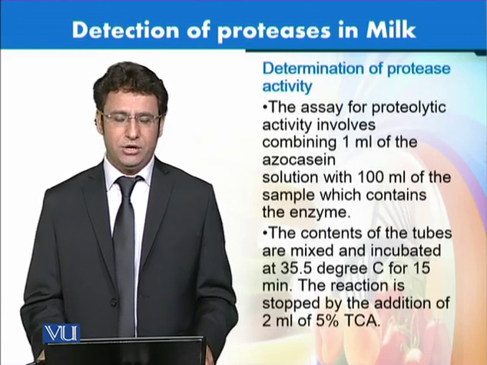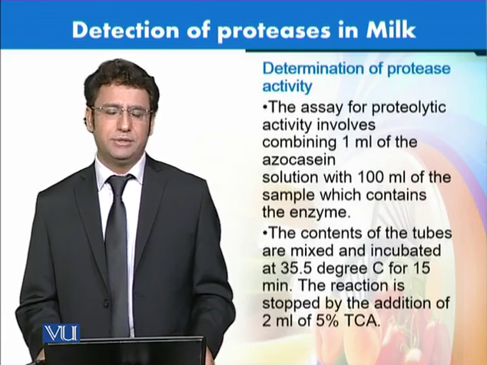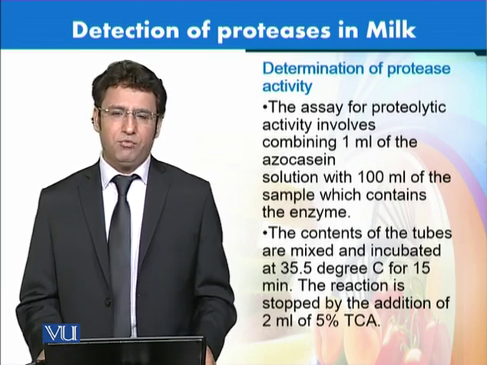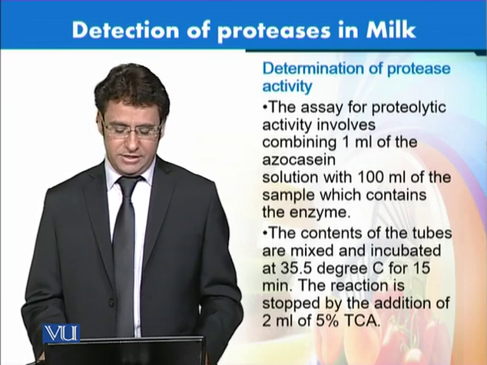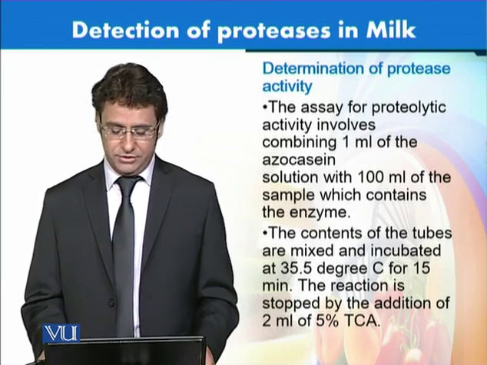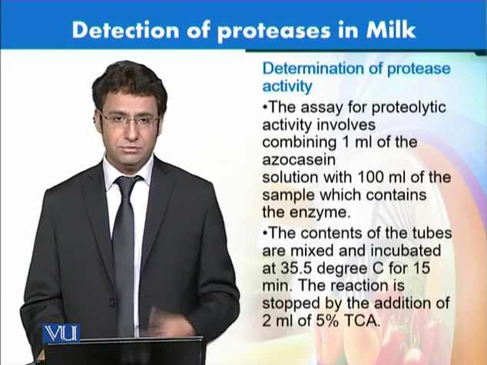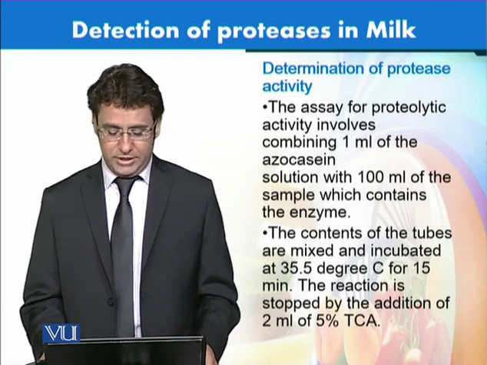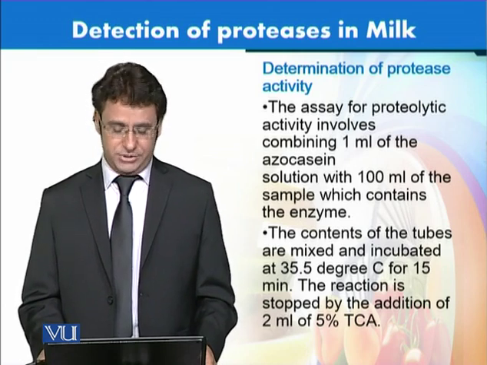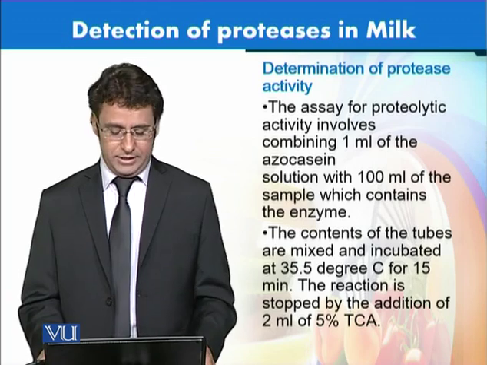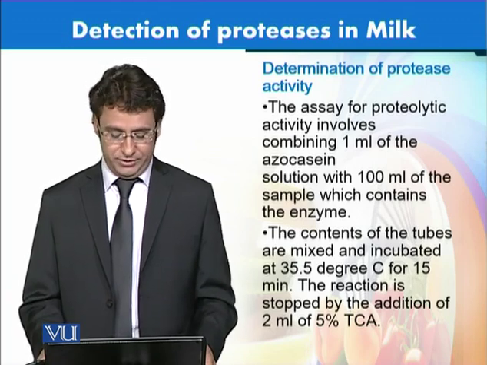Now let's see how we actually determine protease activity in milk. We add 1 milliliter of azocasein solution to 100 milliliters of sample, which is milk or any dairy product whose enzyme activity we want to measure. These contents are mixed together and incubated at 35.5 degrees C in an oven for 15 minutes.